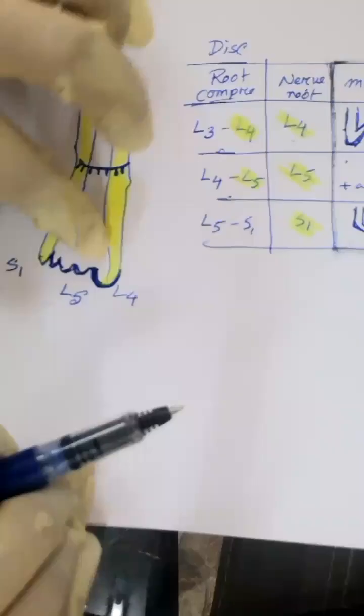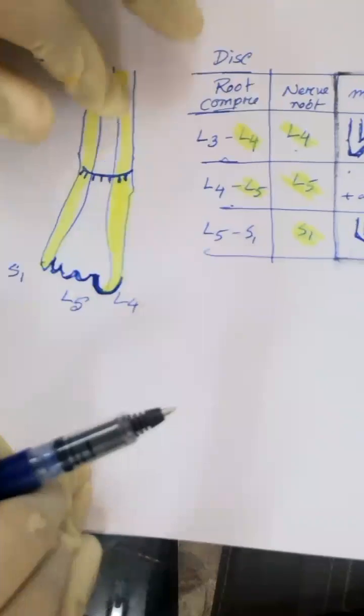Now tell me, if they're saying L5 radiculopathy, that means there's a problem at L5. So what will you lose? Of course, L5 means the middle of the dorsal, most of the area, sensation will be lost according to our picture.